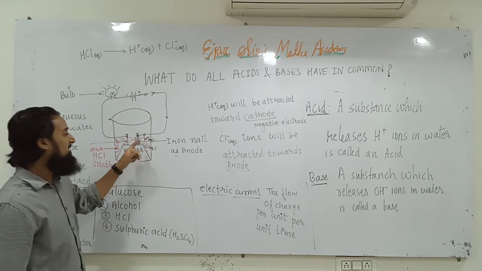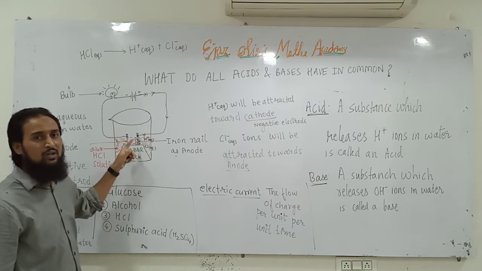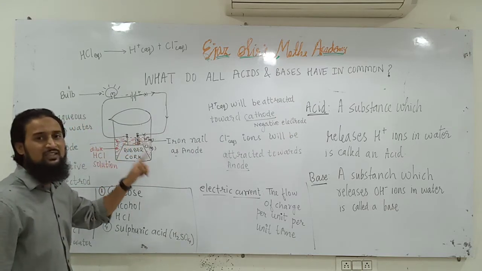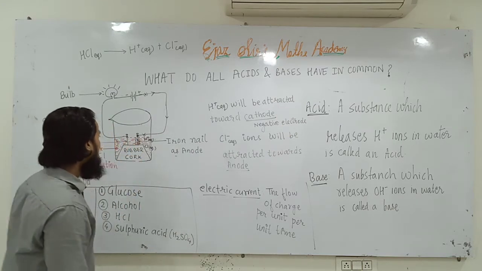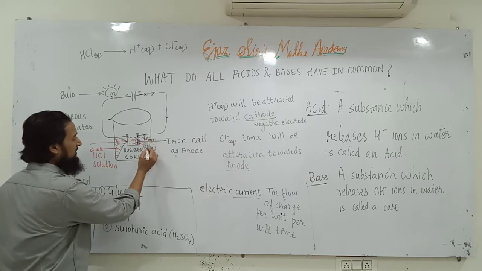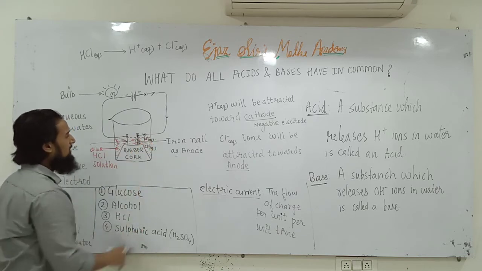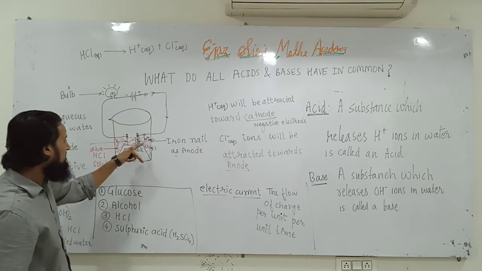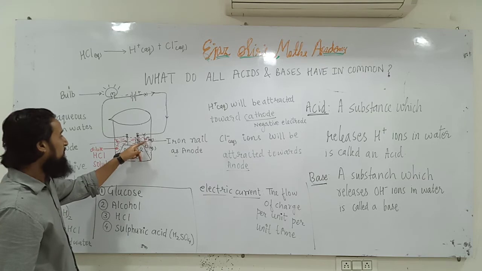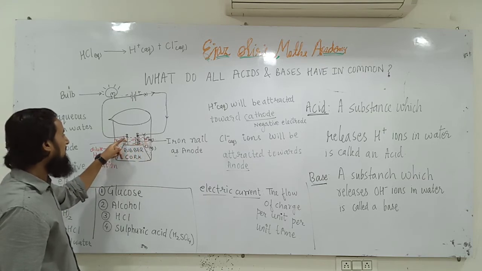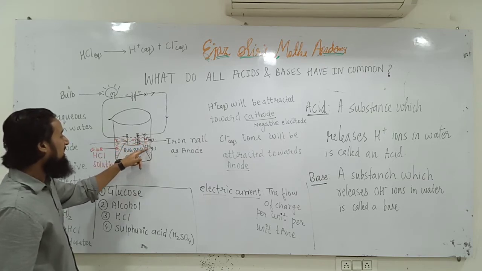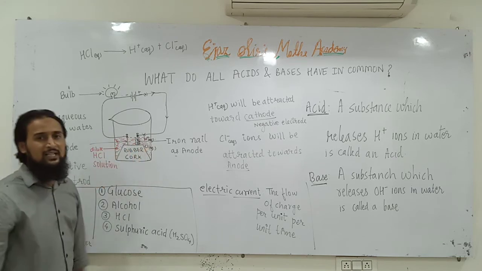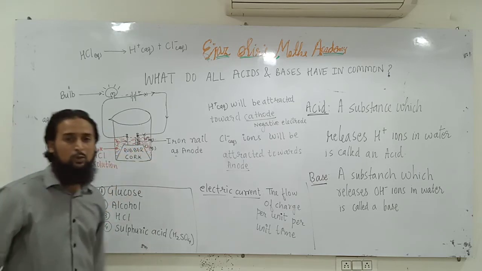Since hydrochloric acid is an acid, it releases H positive ions in water, as per the definition of an acid, along with the remaining Cl negative ions. These positive and negative charges flow inside the solution. Hydrogen ions flow towards the negative terminal of the battery, the cathode, and Cl negative ions are attracted towards the anode. That's why the charges are flowing inside the solution.